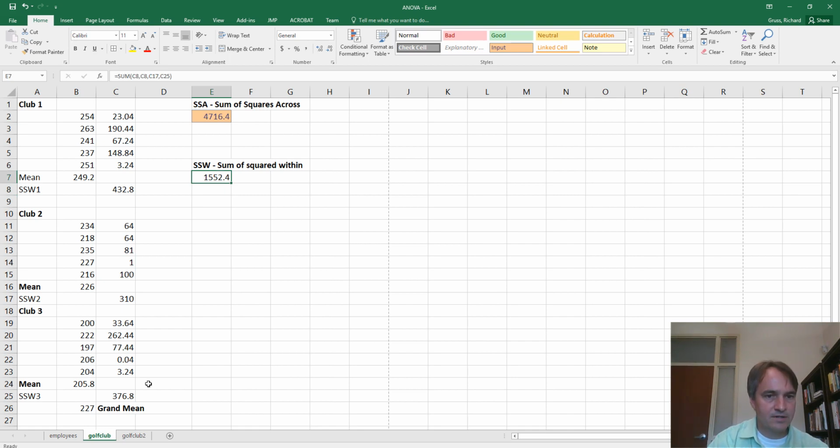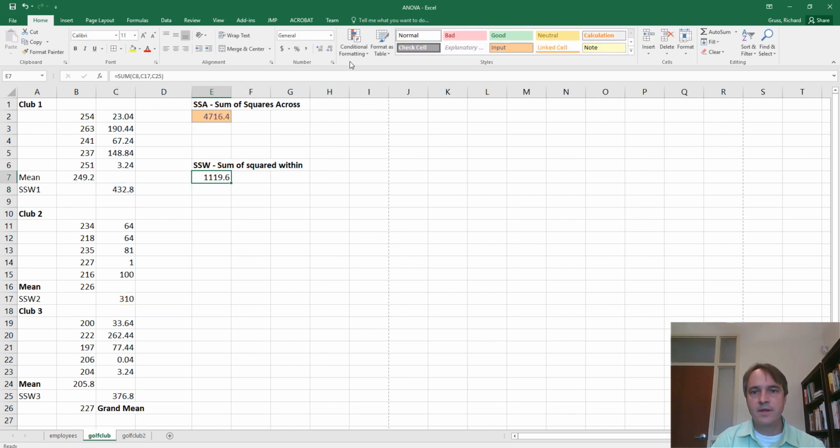Did I select the correct cells? Let's do that again. 432 and 310 and 376. It looks like I accidentally selected C8 twice, so I'll just take that out.